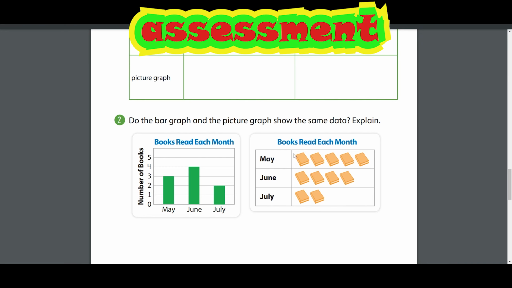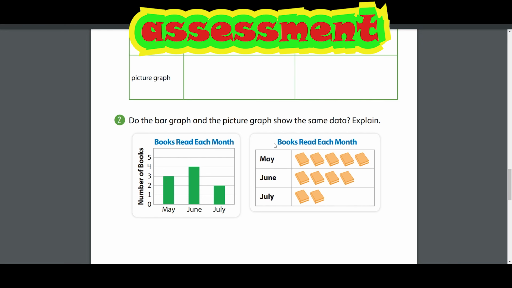But going back to May, the picture graph says 5 kids, but in May the bar graph showed 3. June shows 4. July shows 2. The difference is that in the month of May, the data is different between the two graphs.